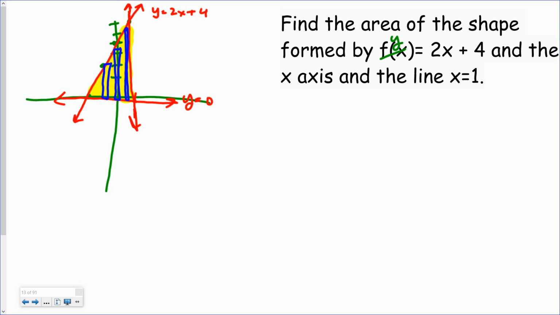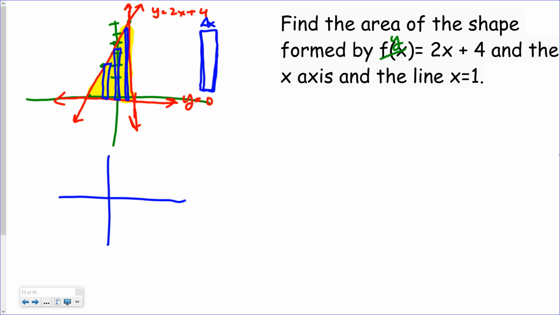So if I just take out one of these bars, let me just look at it. If I took out one of these bars and made it look like a bar, do you agree the width of any one of these bars is going to be delta x? And what's the height of this bar? The height of any line on a graph, let's think about this.